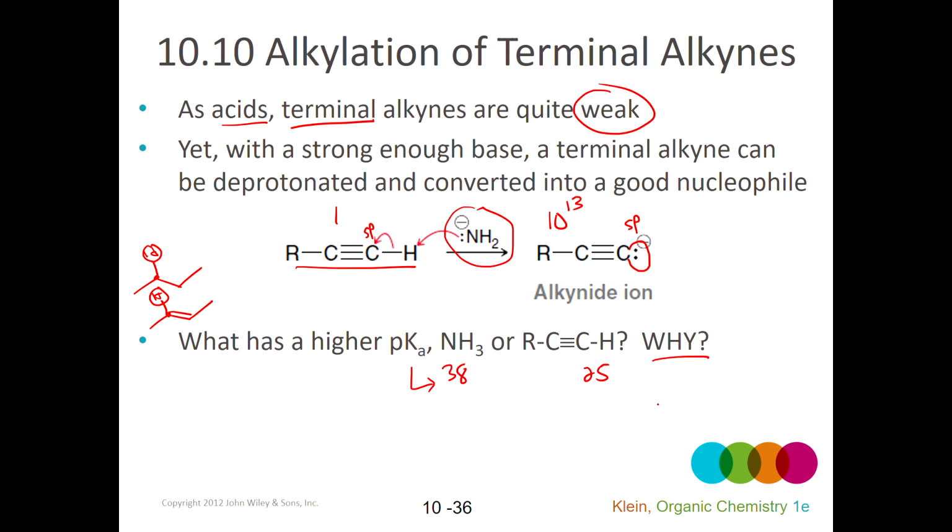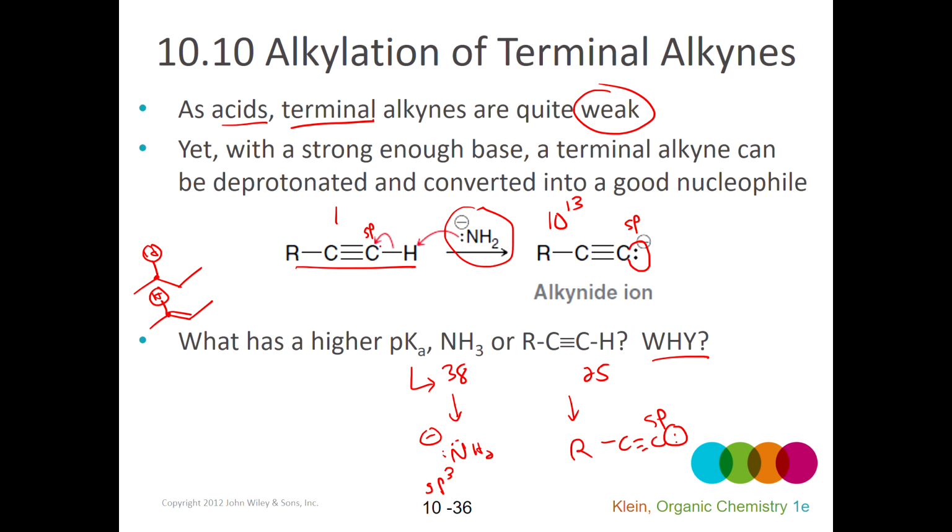Why is there the pKa difference? Because if NH3 gives up a proton, it forms a really unstable negative charge compared to the alkyne giving up a proton, because that negative charge is in a more compact orbital versus the other one. So this was the exception we had to learn in the beginning of the semester, because now it's actually relevant to these reactions that we want to look at.